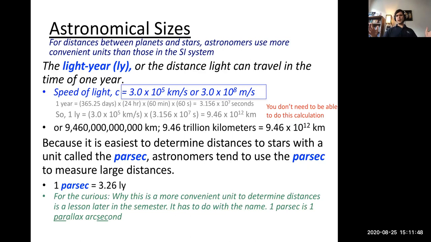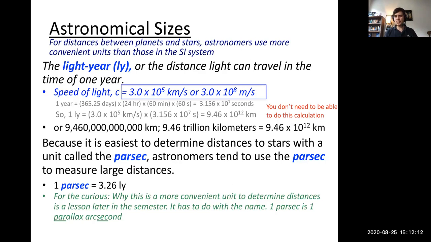And then there's this weird unit, which will become important for my Astronomy 152 students, but not so much for my Astronomy 151 students. It is a unit that we use to measure the distances to stars, because by the method that we use to determine the distances to the stars, all the calculations become extraordinarily simple if we use a distance called the parsec.